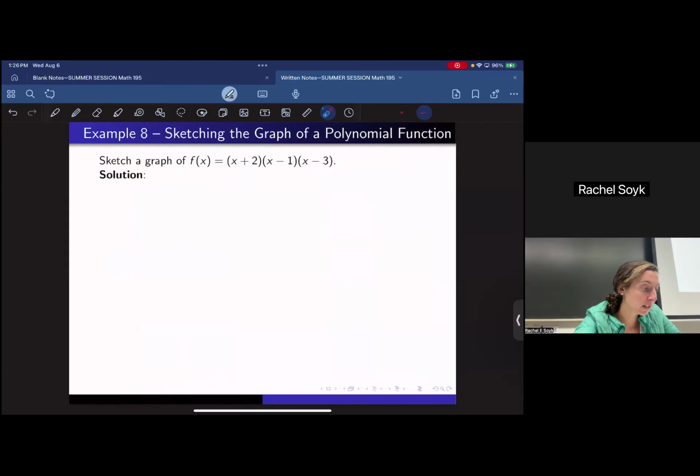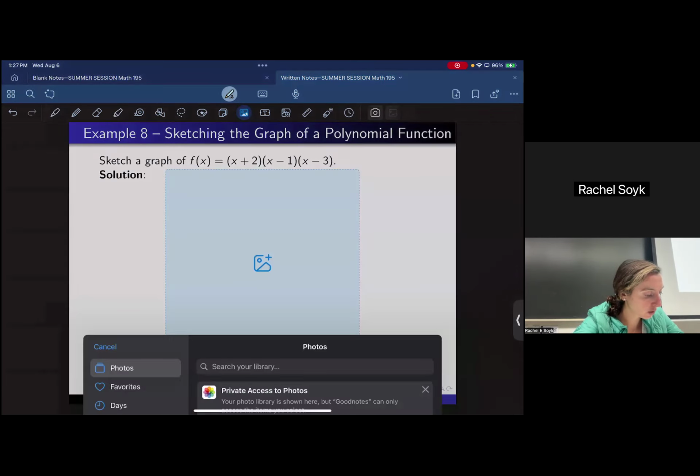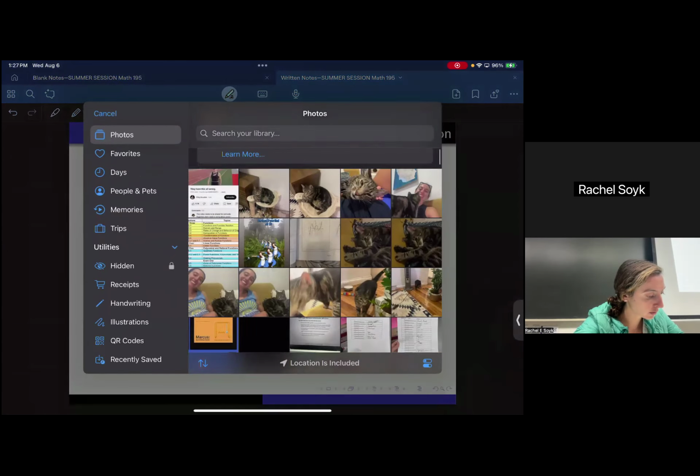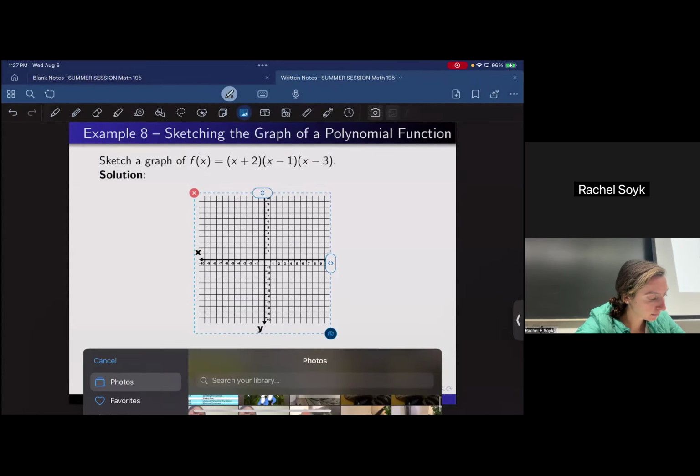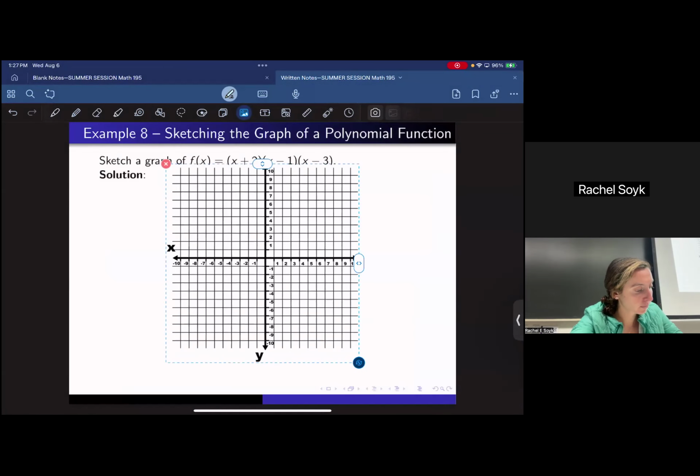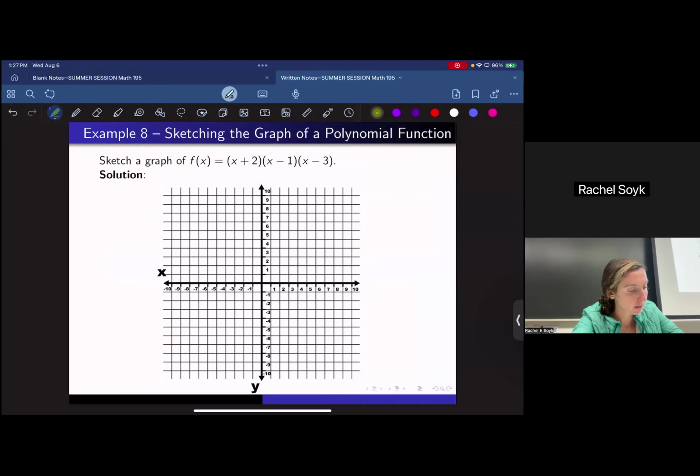So that brings us to our example 8, where we're asked to sketch this straightforward cubic function. And then maybe I'll bring in a graph. So x-intercepts here, can very easily identify them. We have -2, 1, and 3.